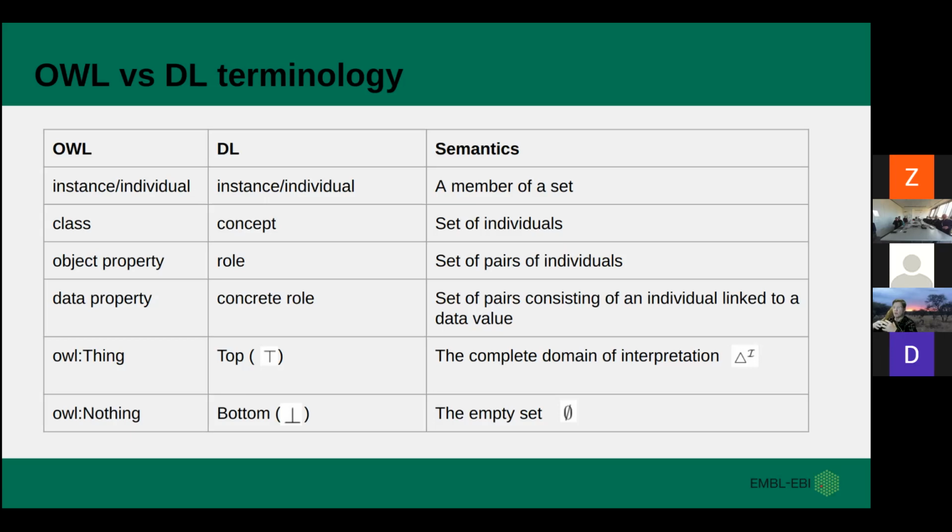And that represents the complete domain of interpretation, where owl:Nothing and bottom represent the empty set. In OWL, it's Nothing, and in description logics, it's bottom. That is the empty set, and for the empty set, they use this T that's fallen on its head in description logic. So again, not a T, and it's represented in LaTeX as \bot for the empty set.